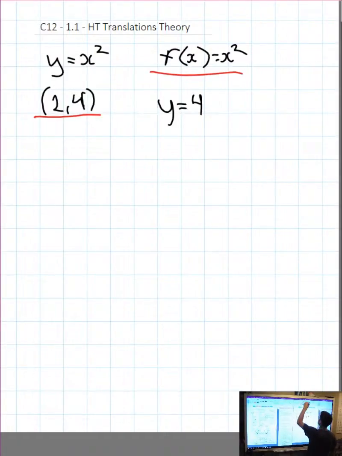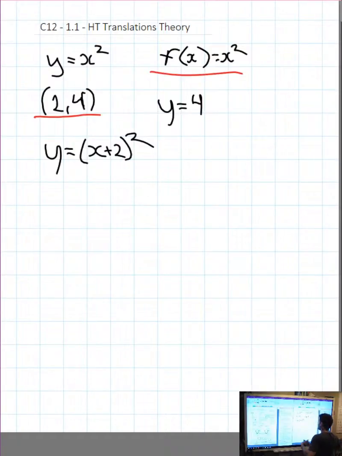Okay, so now let's take y equals (x plus 2) squared. Now, what exactly happened? Well, remember the function f of x equals x squared. What did I do to that?